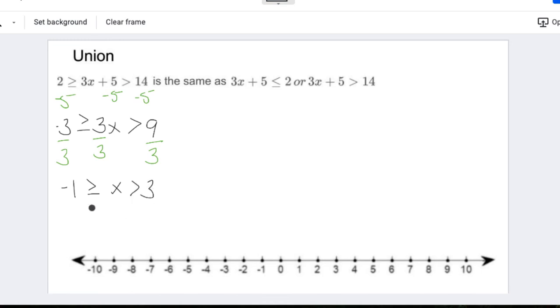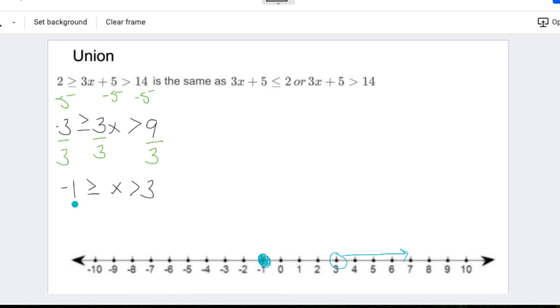So I've got a closed circle here at negative 1. I know I've got an open circle here at 3. x is greater than 3, so that arrow goes to the right.